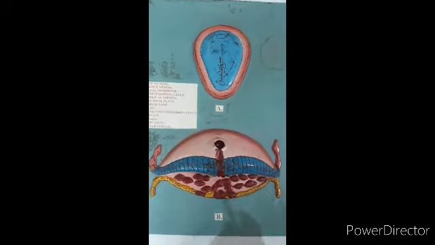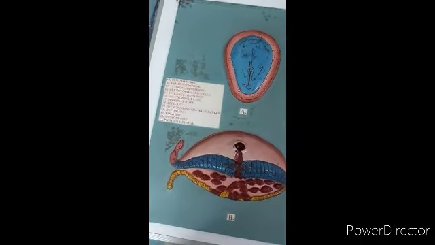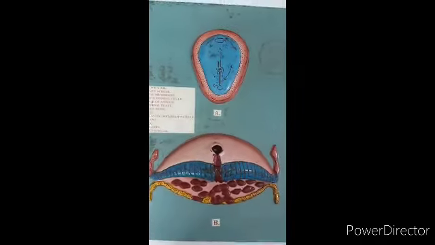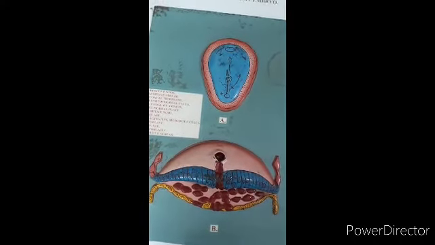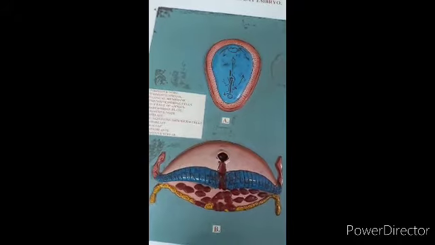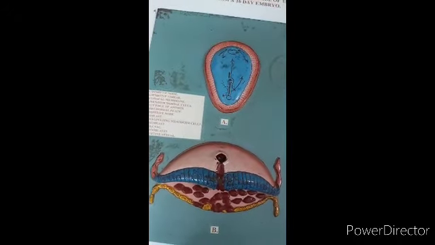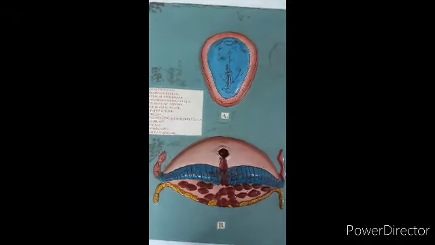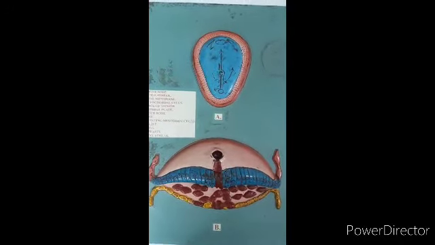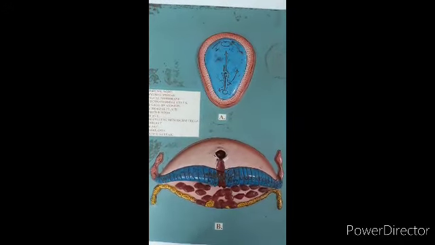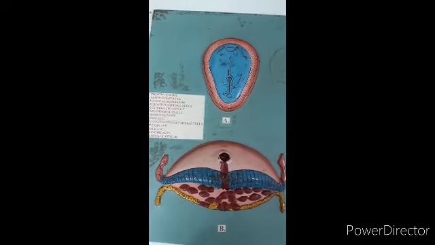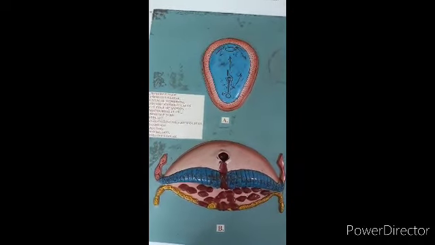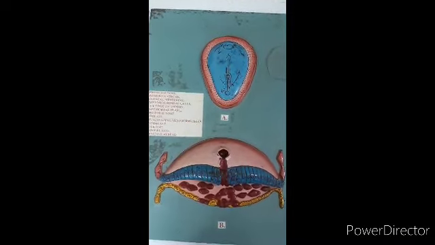Okay, now some tissues which are derived from the ectoderm are the integumentary system, nervous system, and pituitary gland. Now, from the mesodermal origin, the musculoskeletal system, cardiovascular system, reproductive system, and connective tissue are derived from the mesoderm.